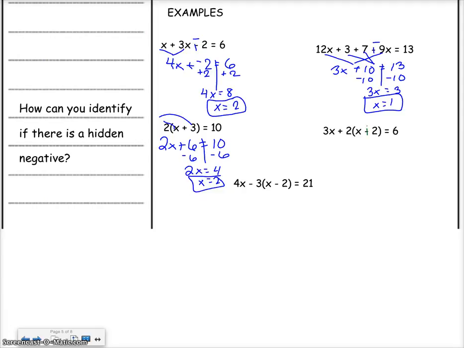Here I'm going to plus a negative so I don't mess anything up. Remember, that's my unspoken step 1. Distribute. I only distribute what's sticking to the parenthesis. So it's 3x plus 2x plus a negative 4 is 6.